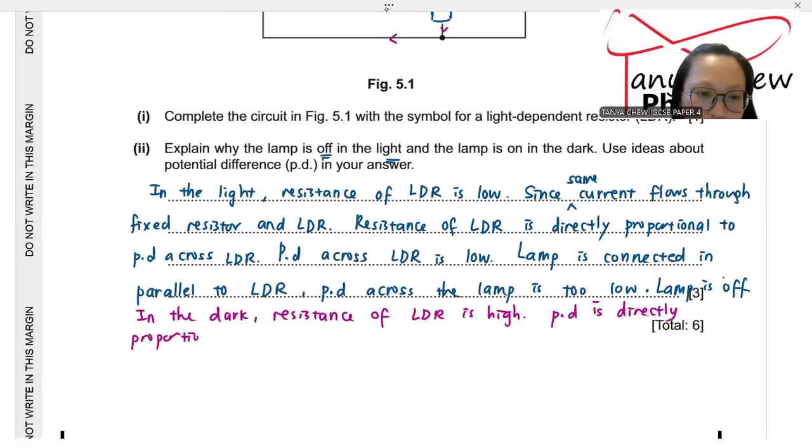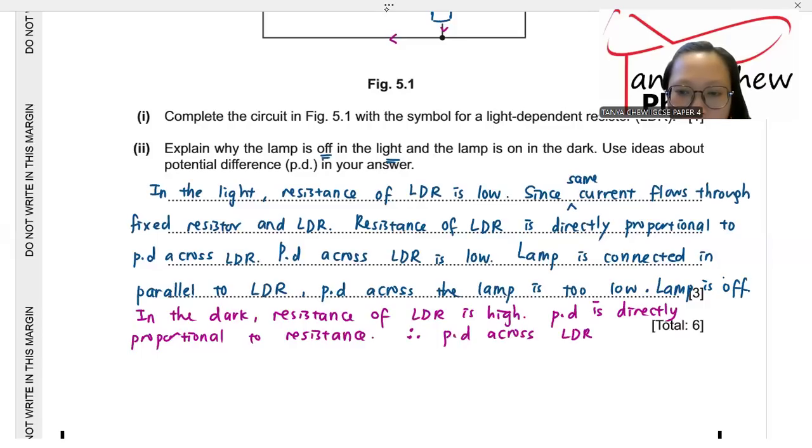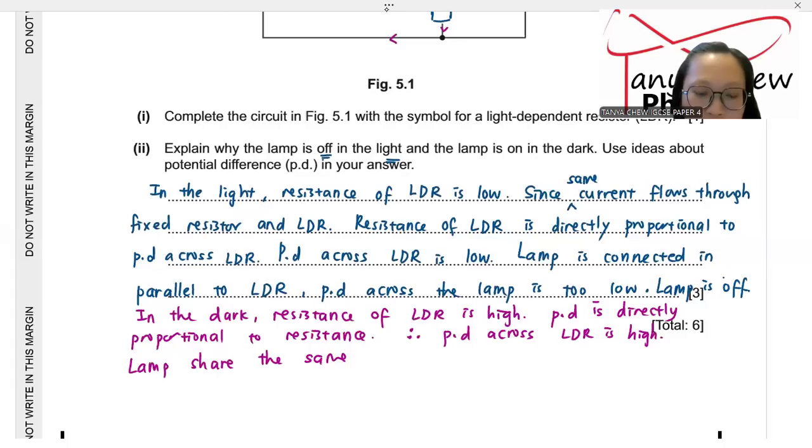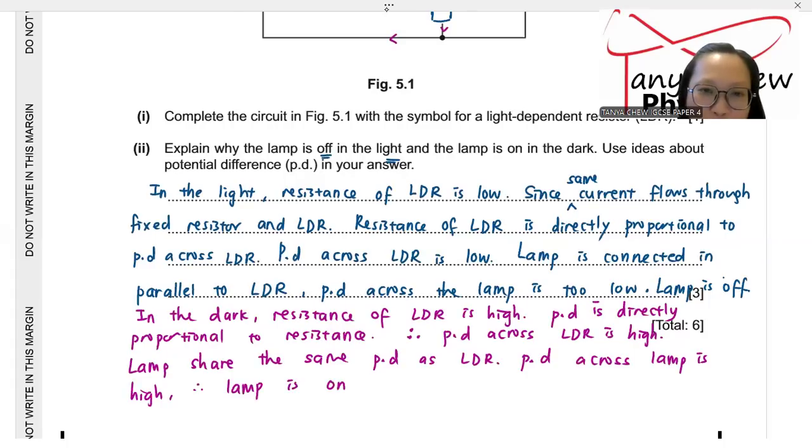You're allowed to use this symbol. Therefore, PD across LDR is high. The lamp shares the same PD as LDR. PD across the lamp is high. That is why the lamp is on.